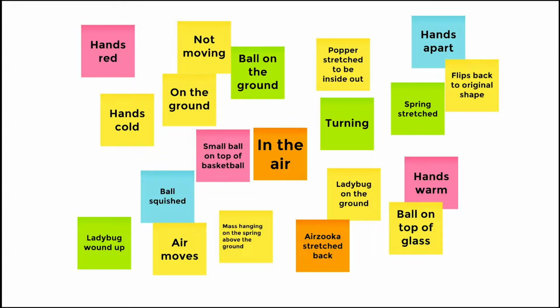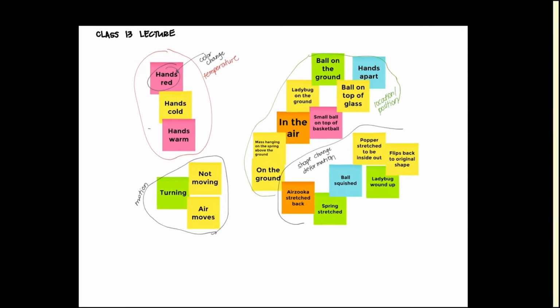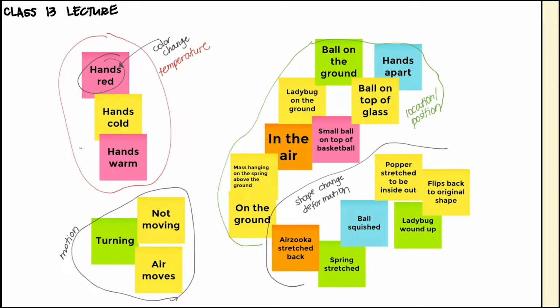Okay, so after this, I asked you all to go ahead and organize or categorize all the different conditions into separate categories. Okay, and so here are maybe an example of the categories that were chosen. So I want to bring your attention to shape change and what we ended up calling deformation.